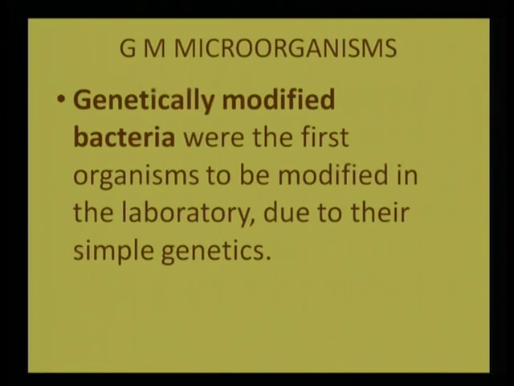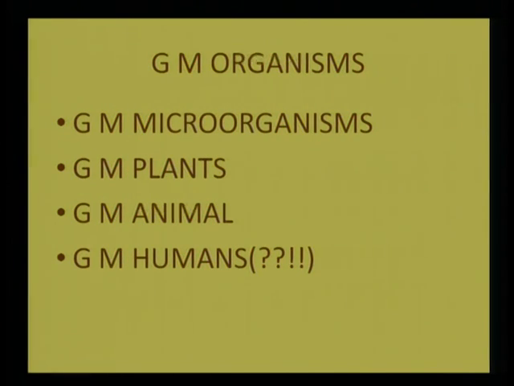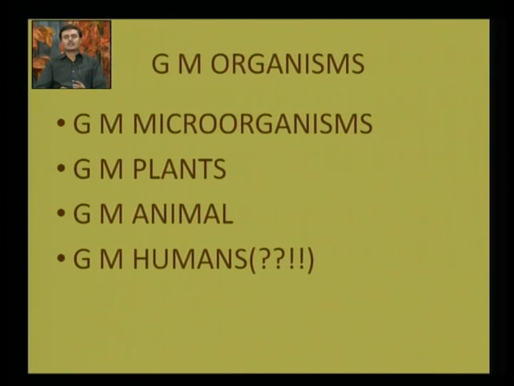As you can see in the list on your screen, there are various main groups. We can divide them into microorganisms, plants, or animals, and the common word we use is organisms. By applying all these methods, we will discuss the groups one by one.